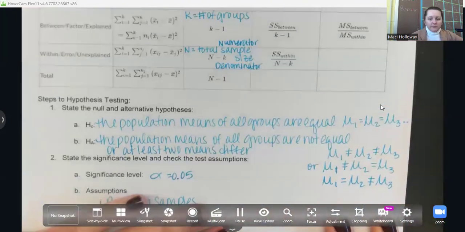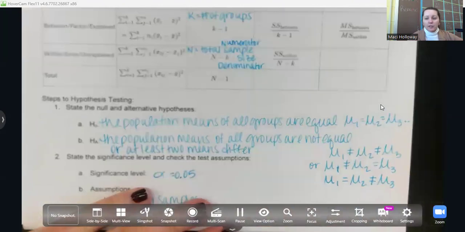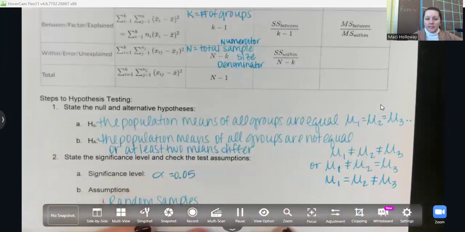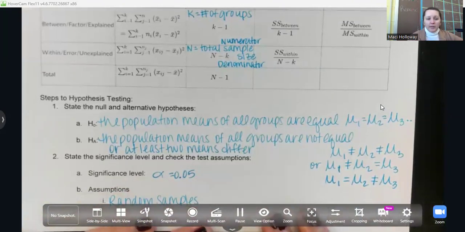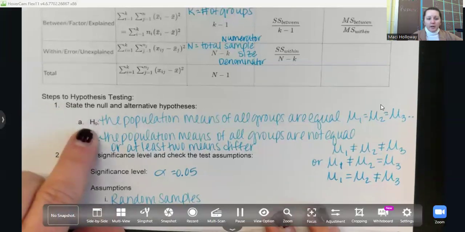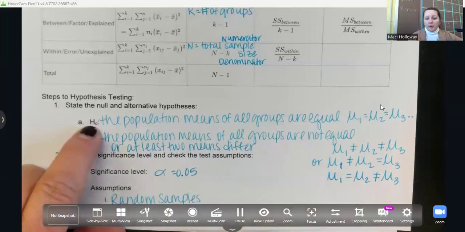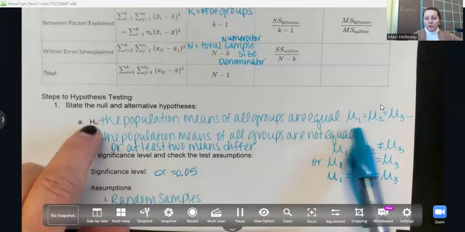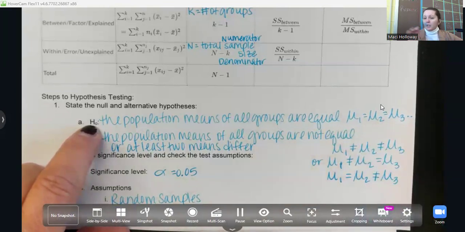All right. Our hypothesis testing steps are going to be the same, just like our t-tests, where we are stating our null and alternative hypothesis. In this case, our null hypothesis is we're stating that the population means of all groups are equal. So that would be mu1 equals mu2 equals mu3 equals however many groups that we have.